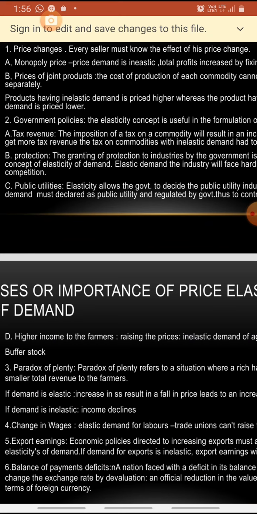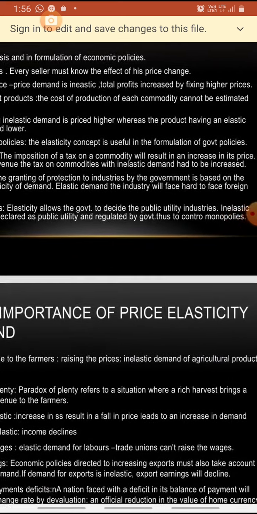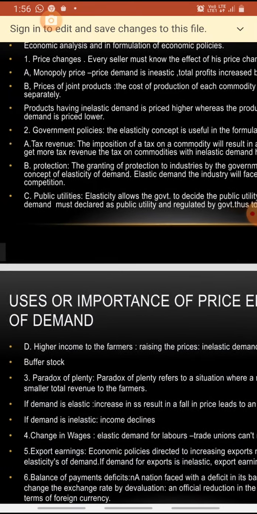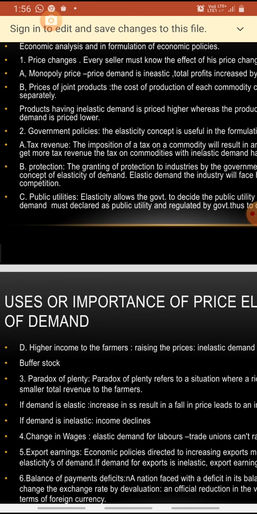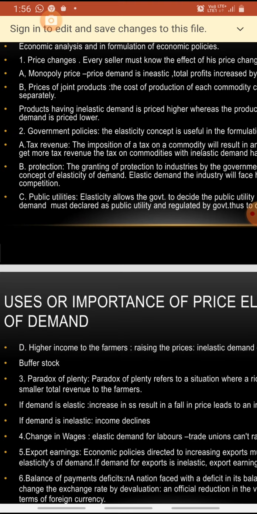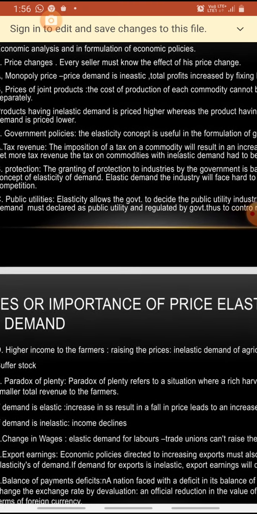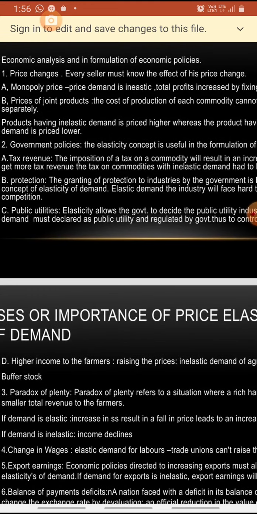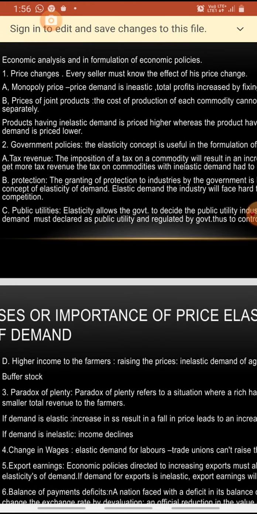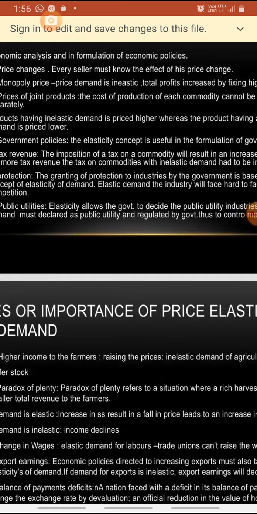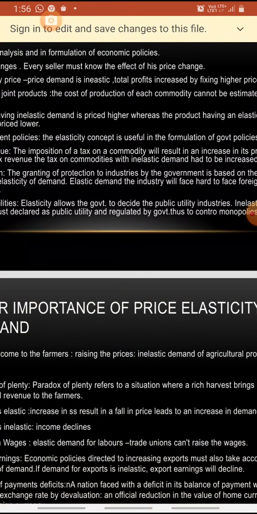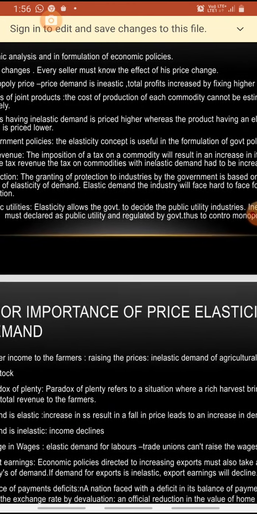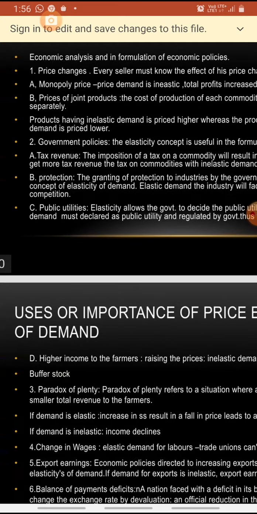The elasticity concept is useful in the formulation of government policies, such as tax revenue. Imposition of tax on a commodity results in an increase in its price. To get more tax revenue, we impose high taxes, which is effective for inelastic demand commodities.